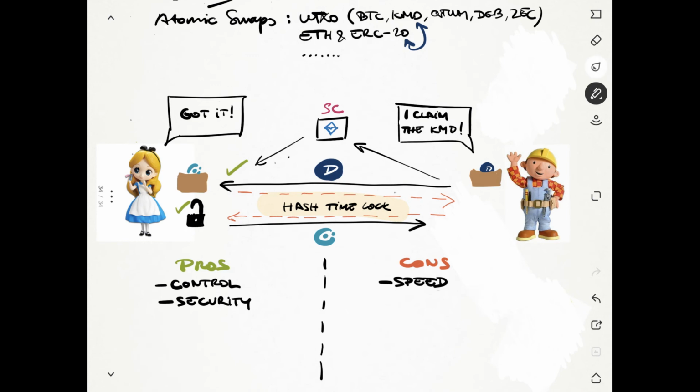The first is speed. Atomic swaps are not suitable for high-frequency trading because the trades are settled on chain. So, for example, if you want to swap Bitcoin to Bitcoin Cash, you need to wait quite a bit of time for the trade to execute because it involves multiple transactions and the block time is 10 minutes on average.